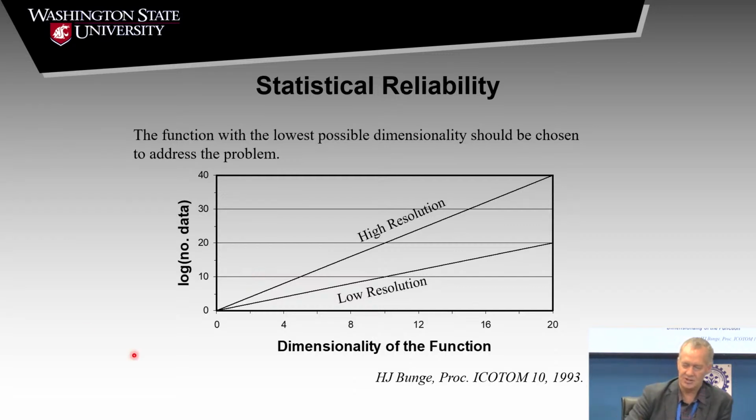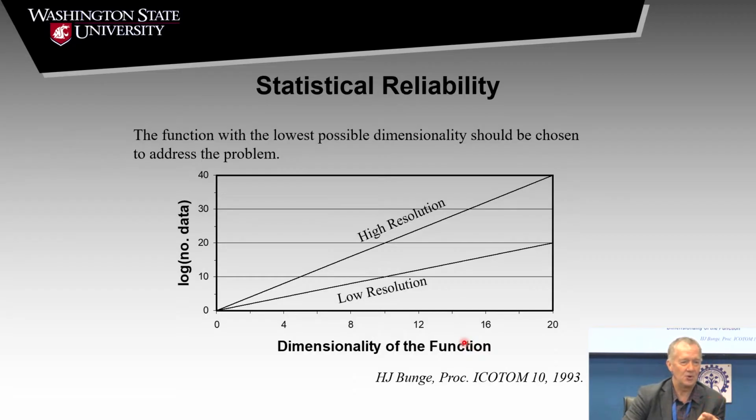So anyway, this is from the Godfather. This isn't a perfect analysis, but if you're thinking of statistical reliability, these are the guidelines he gives. If you have a given dimensionality of your function, like a texture analysis, you have three dimensions.